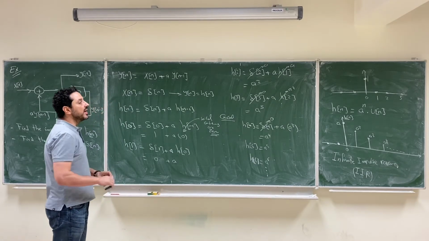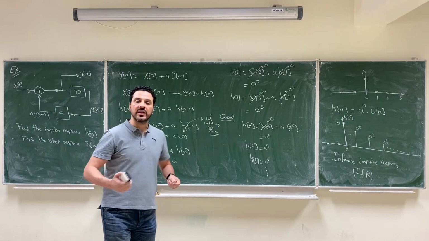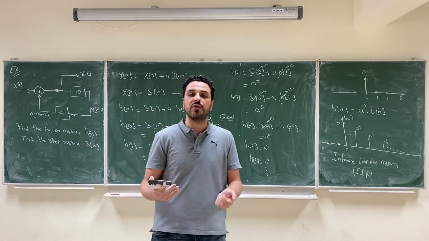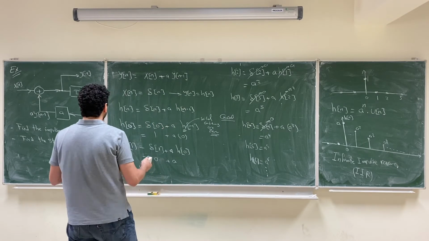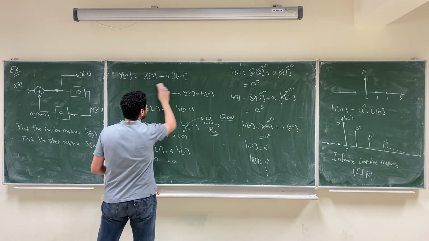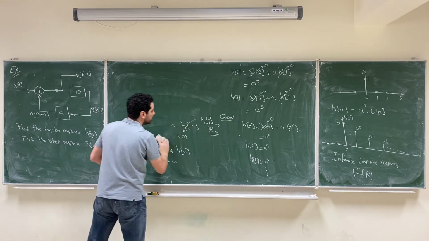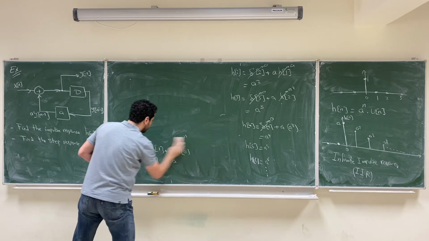What happens if we want the step response? If we want to calculate the step response, all we need to do is go back to the convolution relation. The step response is the output when the input is a unit step, right? So let's do that.